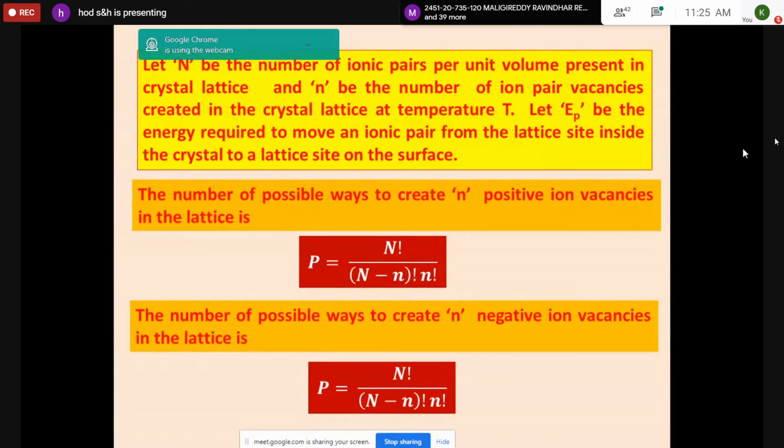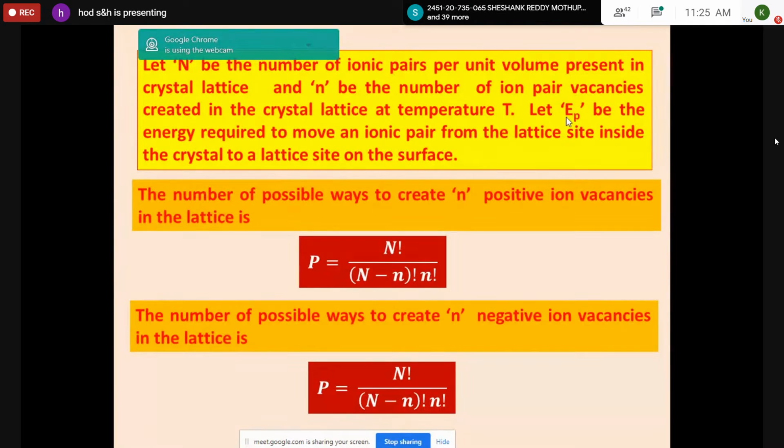So let us consider an ionic crystal. In this crystal, capital N is the number of ionic pairs, or number of lattice sites for both cation and anion, per unit volume in the given crystal. And small n is the number of ion pair vacancies created in the crystal at temperature T.